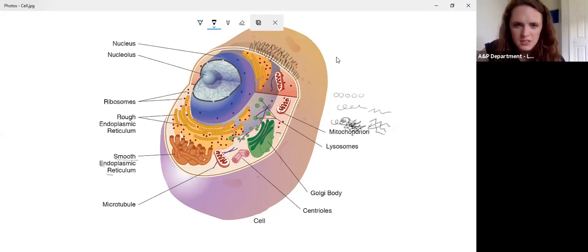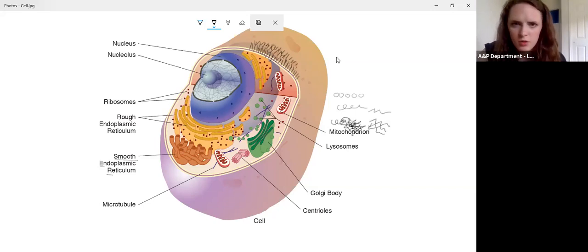Okay, so that's super important. Your rough ER folds proteins and sends them off to the Golgi apparatus. I like to think of the rough ER as kind of the packaging company. It's FedEx. It takes the product from the ribosomes, folds it nicely into a box, and sends it off to the Golgi body. Okay, so rough ER, the chain of events, it just folds and sends it to that Golgi body.